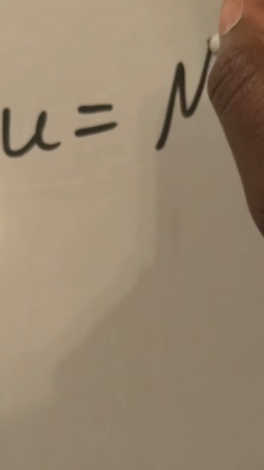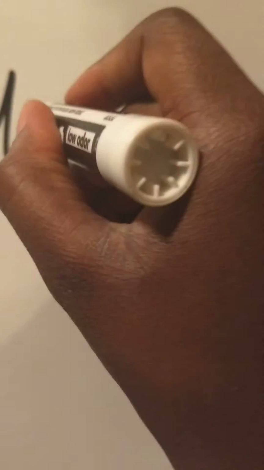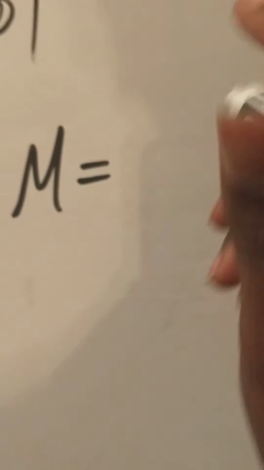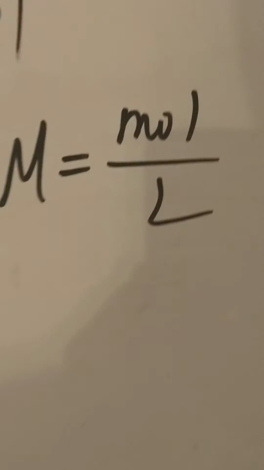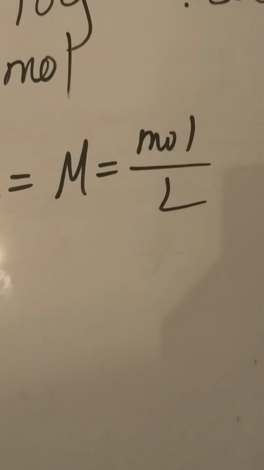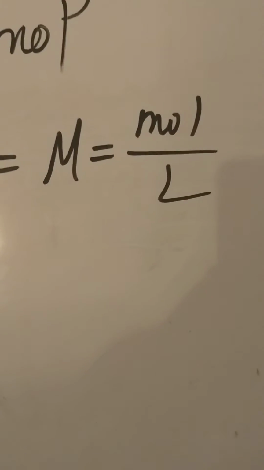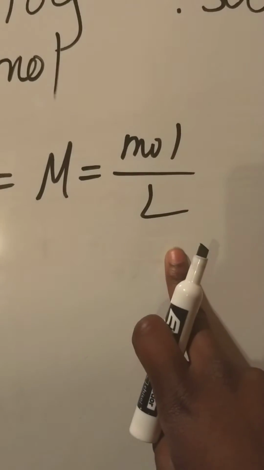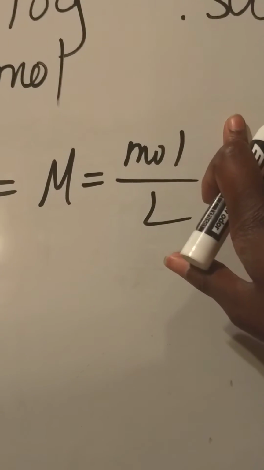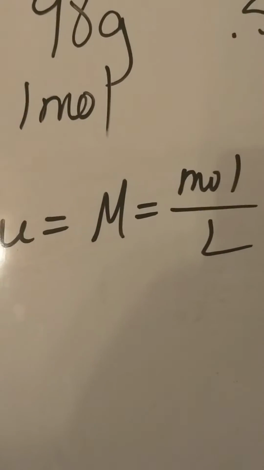Our base equation, and there's a reason why I say base equation, is molarity equals moles over liters. What we have to do now is adjust our equation so that we can find liters instead of moles.